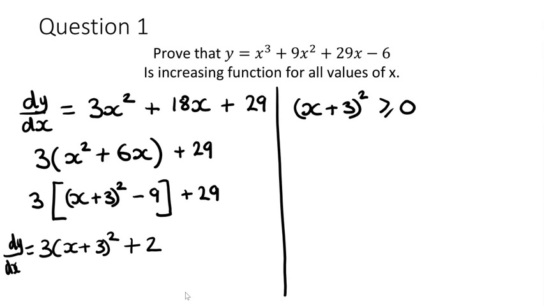So x plus 3 in the bracket squared, that part is always going to be greater than or equal to 0. So when it comes to timesing that by 3 and then adding 2 to it, crucially, that always has to be positive. So the gradient is always positive.